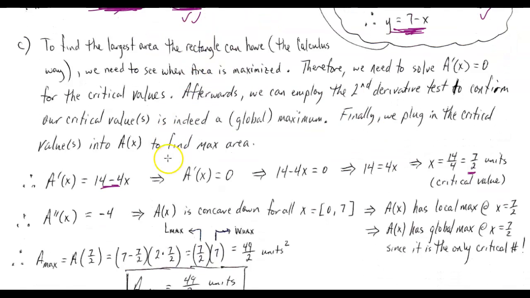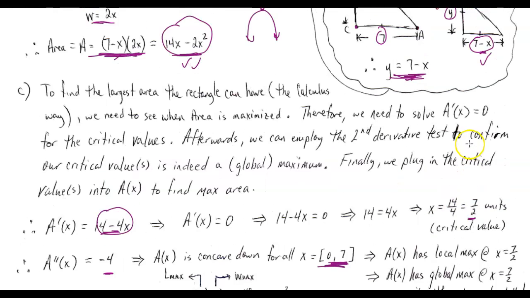And so we see that because if I take the derivative of 14 minus 4x, this is going to give me a minus 4. And this negative 4 here lets me know, for the second derivative, that my function is going to be concave down for all values of x. So that means it'll definitely be concave down for values of x in between 0 to 7.